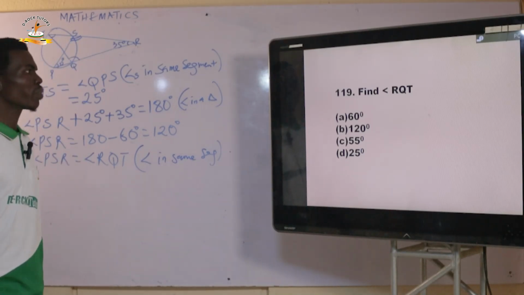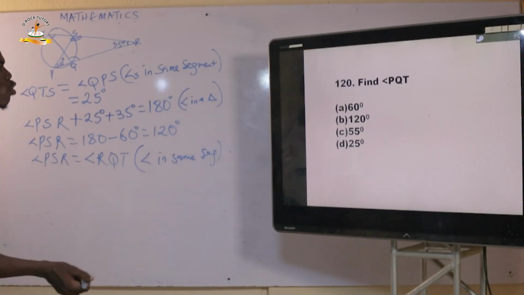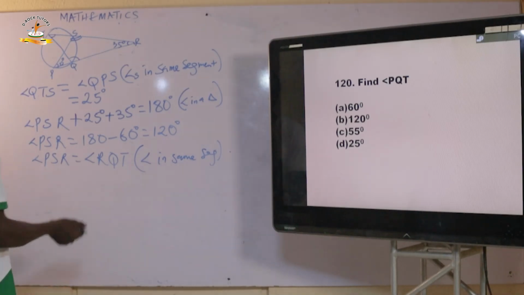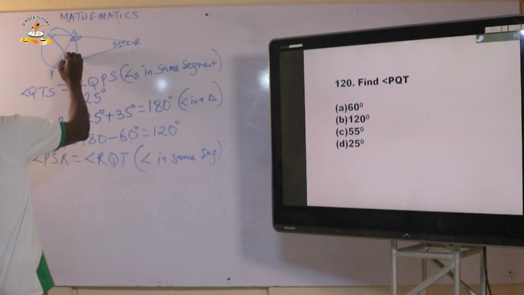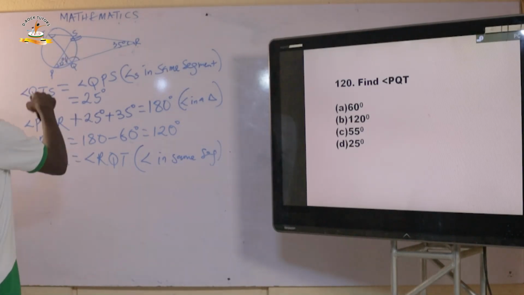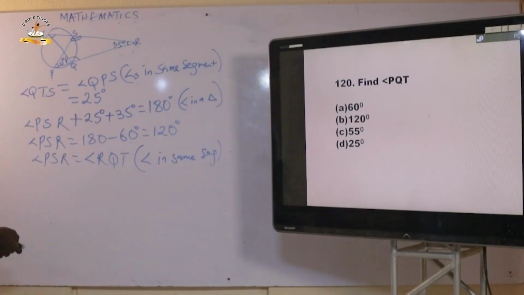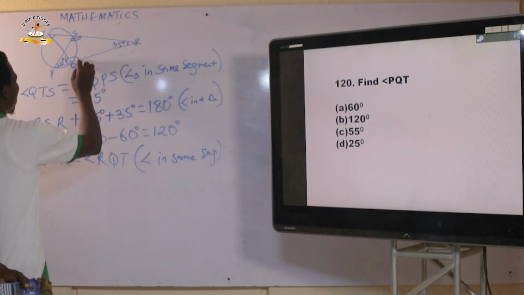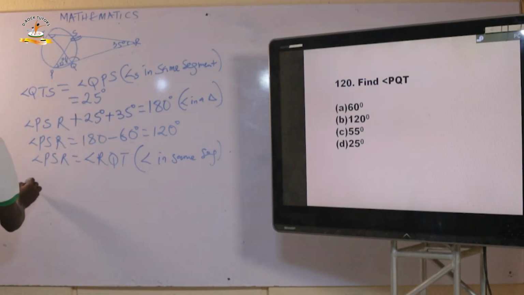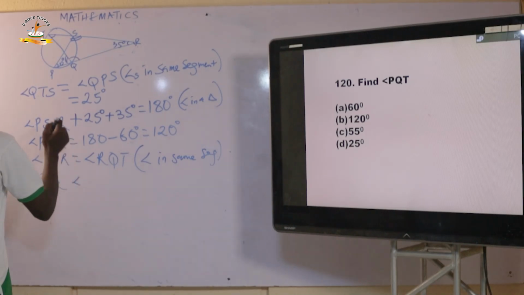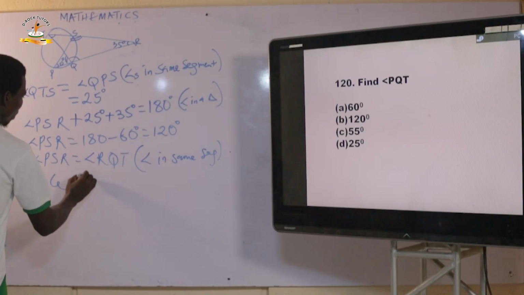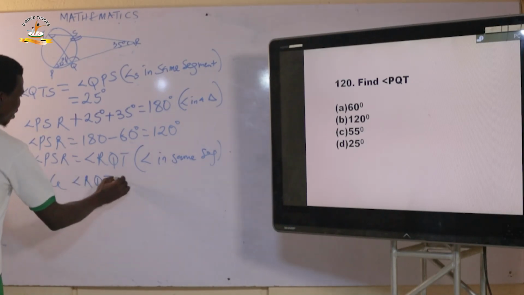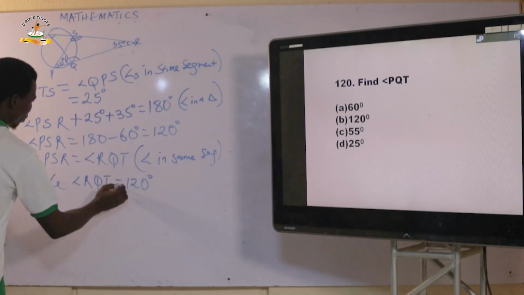Our next question says angle PQT, this angle here. That's not a problem, since we have found that angle RQT is 120 degrees.